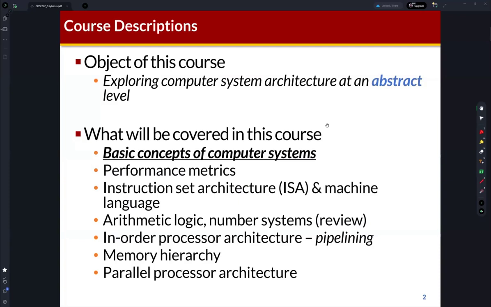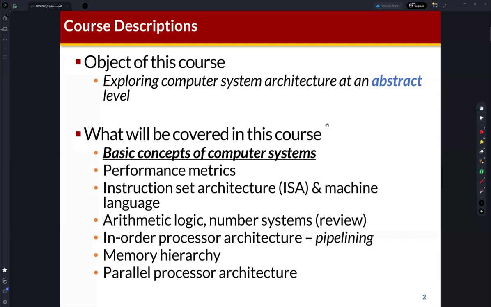I believe everyone knows a computer system is composed of a hardware part and a software part. Normal users just use applications, and applications are software, right? But under this software layer, there is a hardware layer.